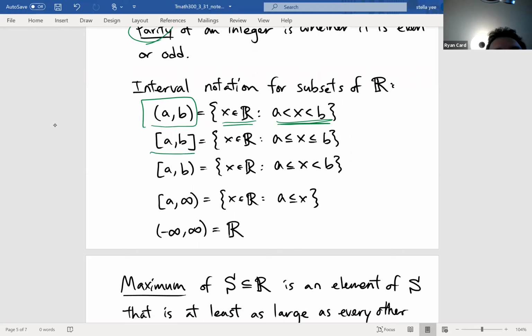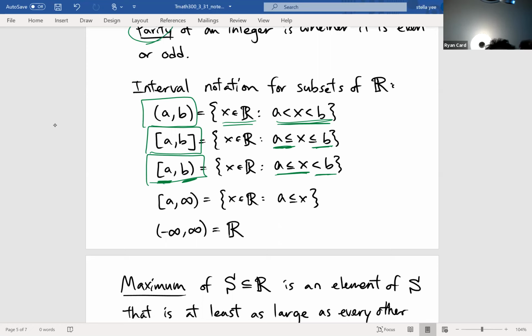If I use square brackets, that means please do include the endpoints a and b. You could have half open and half closed intervals as well. If I use a square bracket for the a, that means include that endpoint a in the set, but the rounded parenthesis means do not include that endpoint.